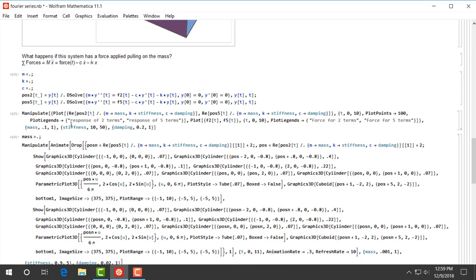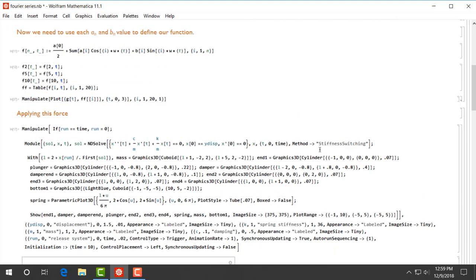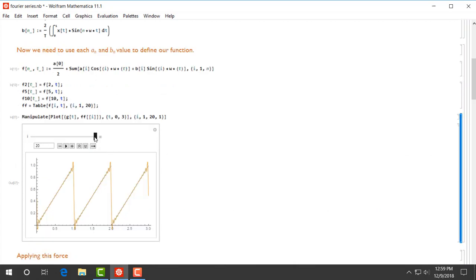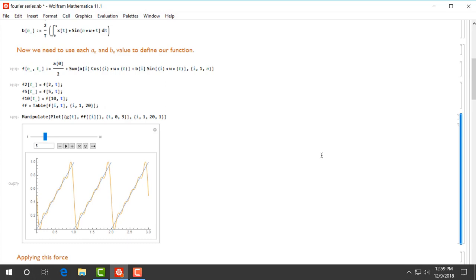A lot of this stuff though you see in class. You'll see the manipulate, show, graphics, there's a parametric plot, and especially up above, all the things that I did up here. You define a function, you take integrals, you make a table and manipulate things. These are all things that I learned in class.